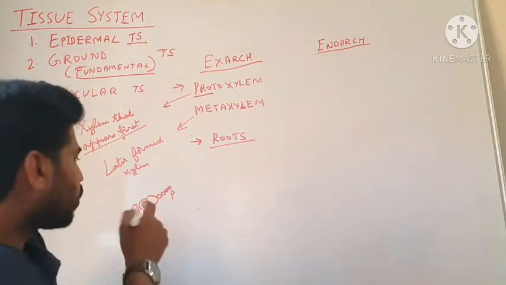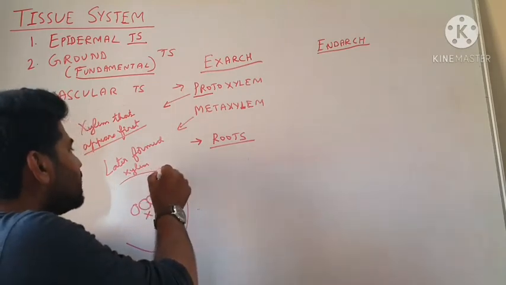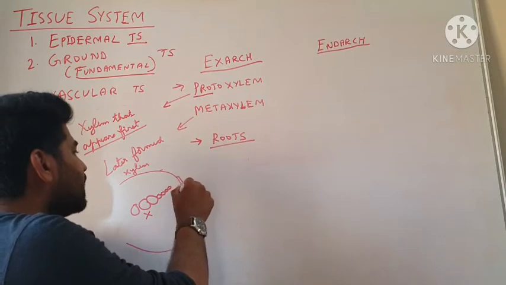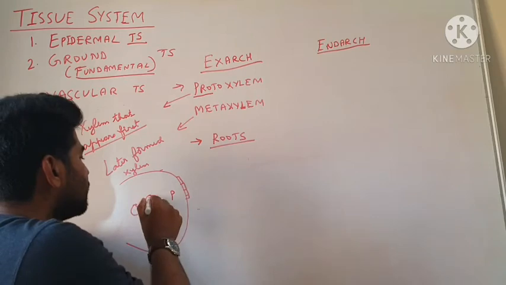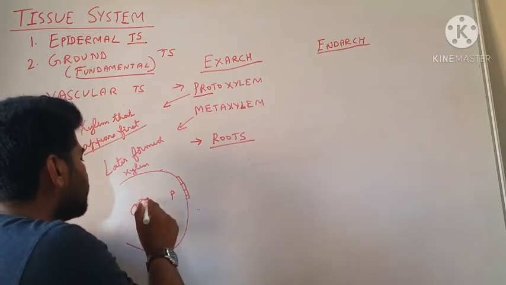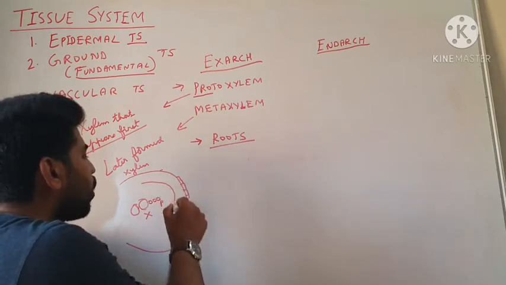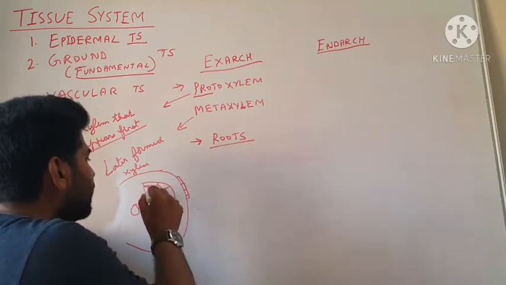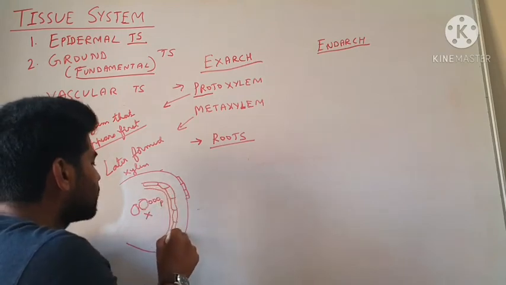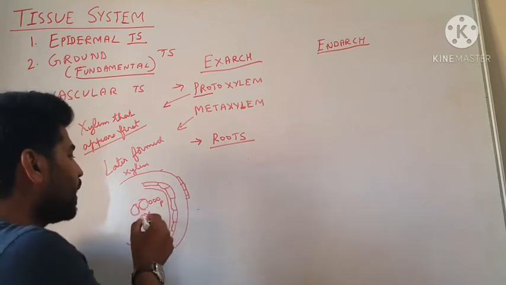When you take a section of a root, you will see the epidermal layer, and we can see the cortex, the endodermis layer and the pericycle layer, and we see the xylem and the phloem.